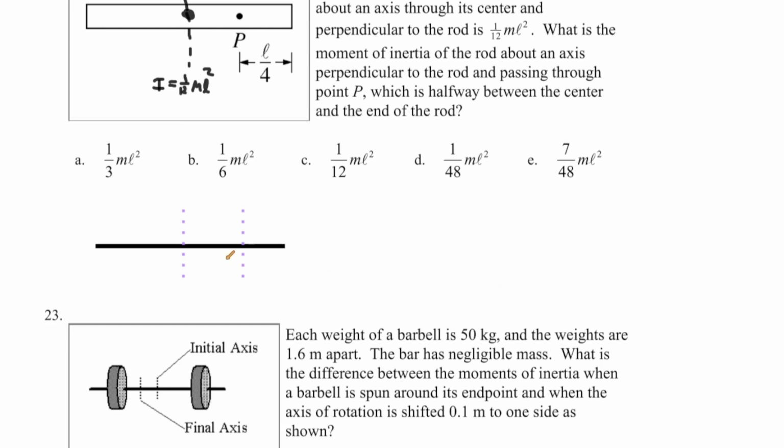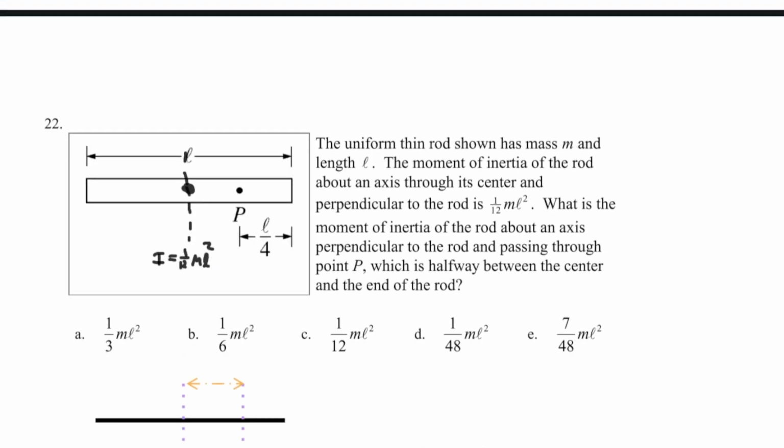So for parallel axis theorem, we just need one of these two moments of inertia and their separation. So we're given that this I through the center of mass is 1/12 ml squared, and we're given that this distance is just going to be, well, if this is L over 4 and this is the midpoint of the rod, so if this is L over 4, this must also be L over 4.